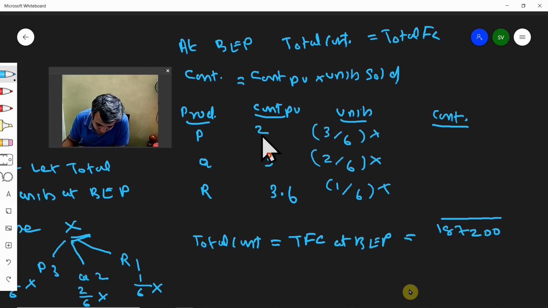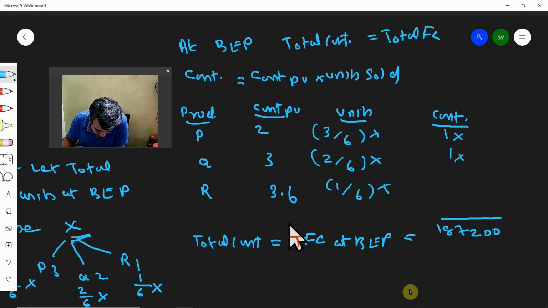It should be 1x, since the 6s cancel and it becomes 3x by 3, which is 1x. Then 3 into 2 by 6x is 6 by 6x, again another 1x.